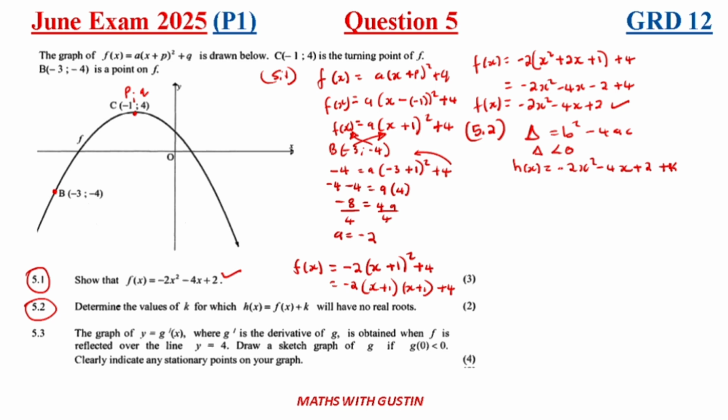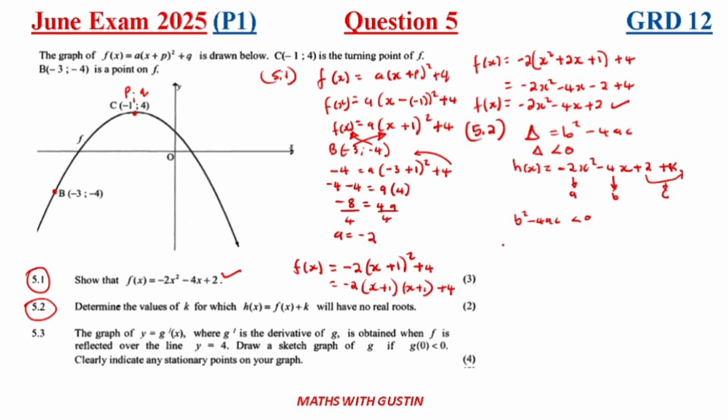So therefore, in this instance, let's have a look at the value of a, which will be this one. This is the value of b here. And then this together will give us the value of c. Right. So let's go ahead and substitute into our discriminant, which is b squared minus 4ac less than 0.